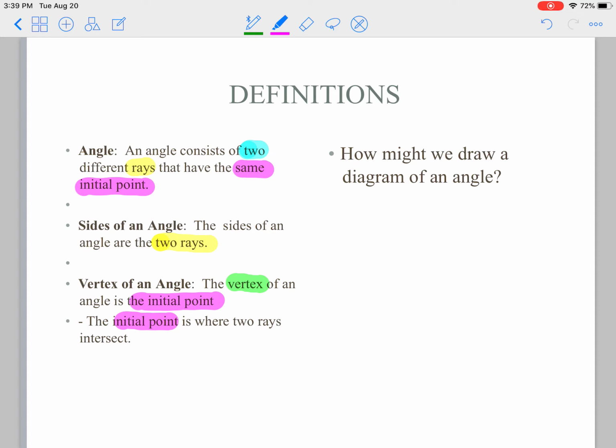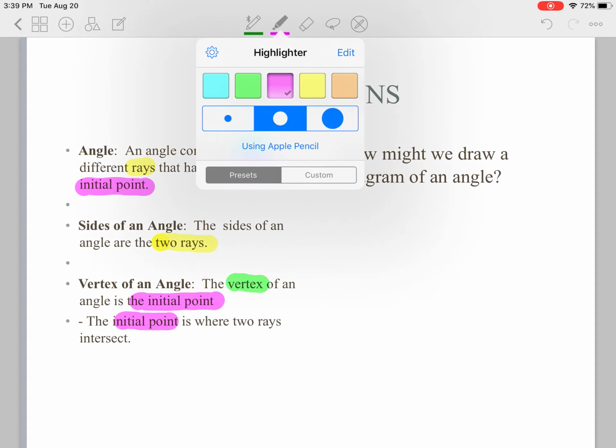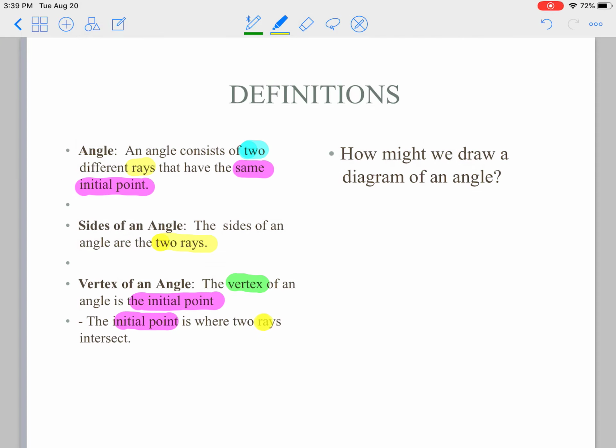Vertex is a new term. However, in order to understand the terminology of vertex, you must also understand initial point and, once again, rays.